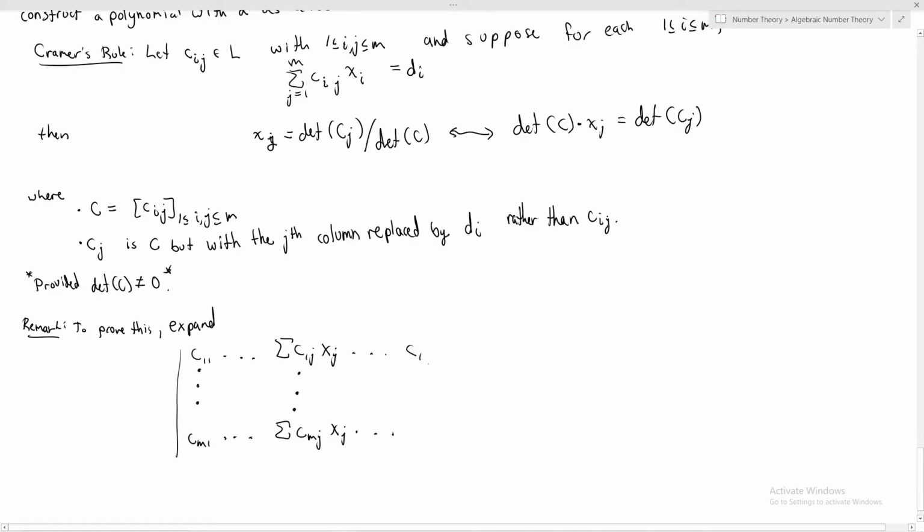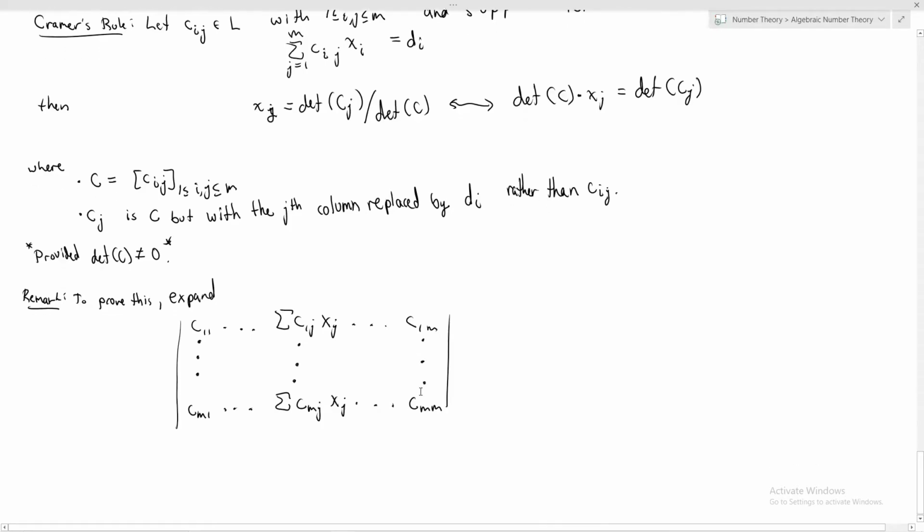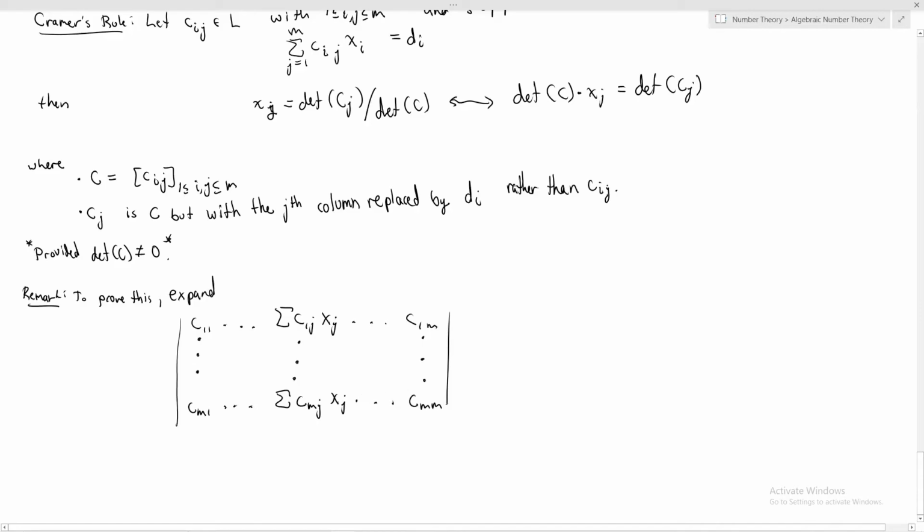So essentially, expand this out using cofactors, the tedious way to compute a determinant, and compare this to det C multiplied by x_j, and you'll be in luck.